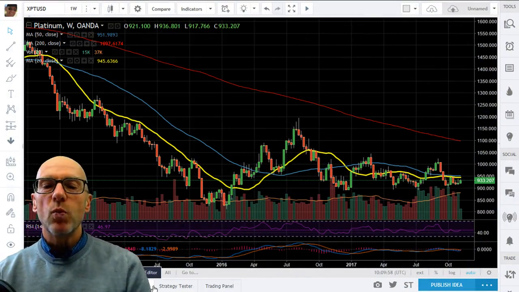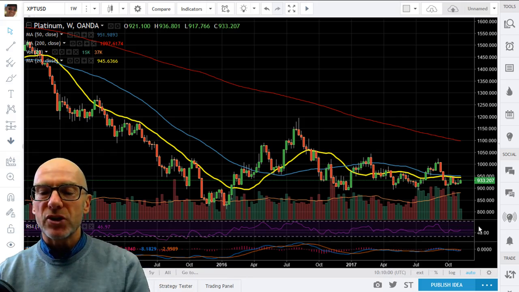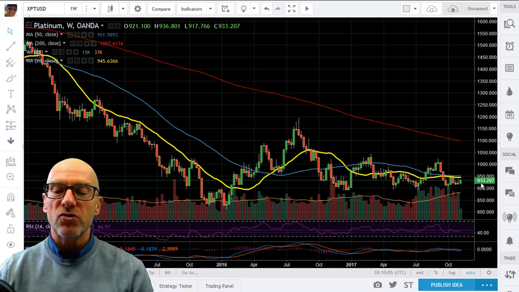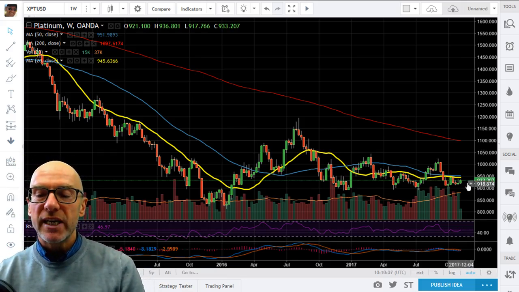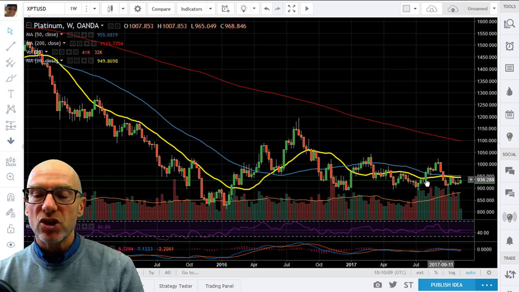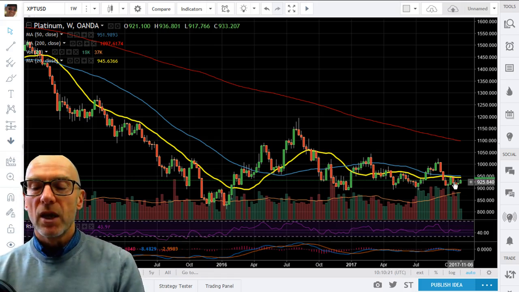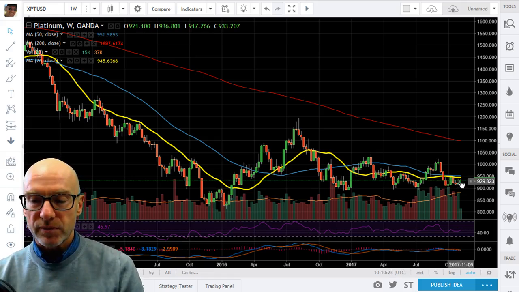So starting with the weekly picture, here each candle represents 1 week of trade, and you can see that we've got this potential head and shoulders. We've got the left shoulder, we've got the head, which was at the rise that we had in September. We've now had a consolidation from the end of September to where we are now, 9th of November, creating the right shoulder.